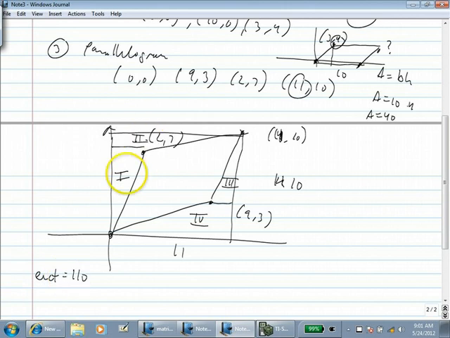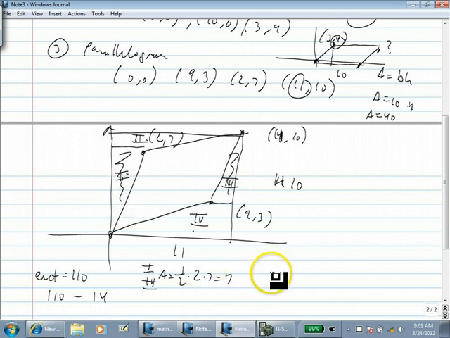But then we have to figure out these 4 regions and subtract them. It turns out that 1 and 3, those 2 triangles, each have area 1/2 base times height, 1/2 times 2 times 7. Each one is 7. There's 2 of them, so we're going to take 110 minus 14 because those are the 2 triangles, and the trapezoids, 2 and 4, those are each 1/2.